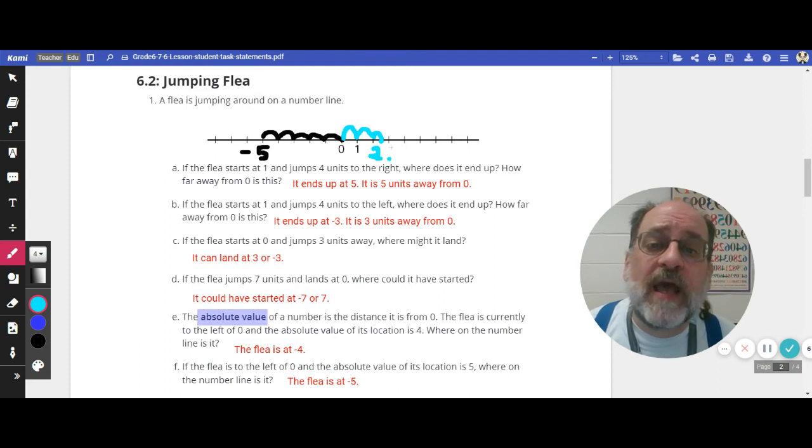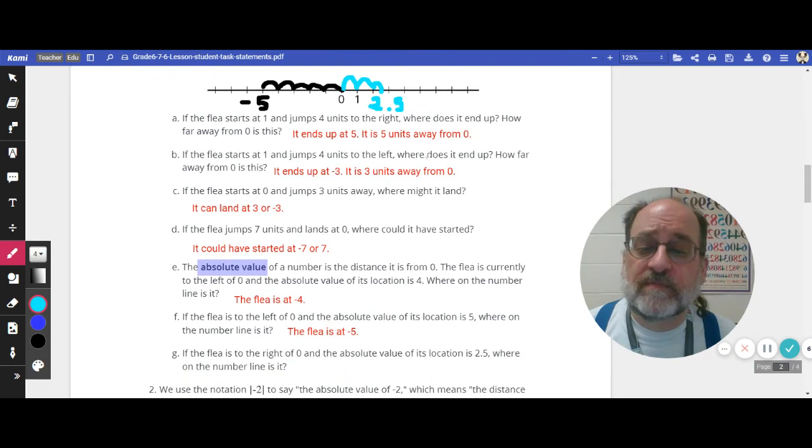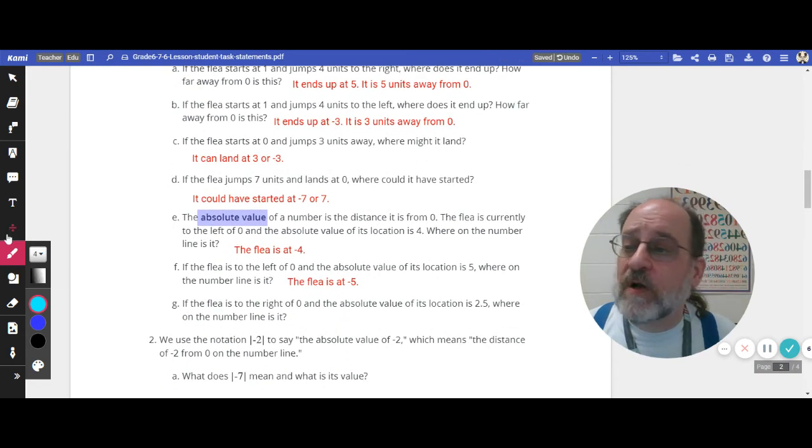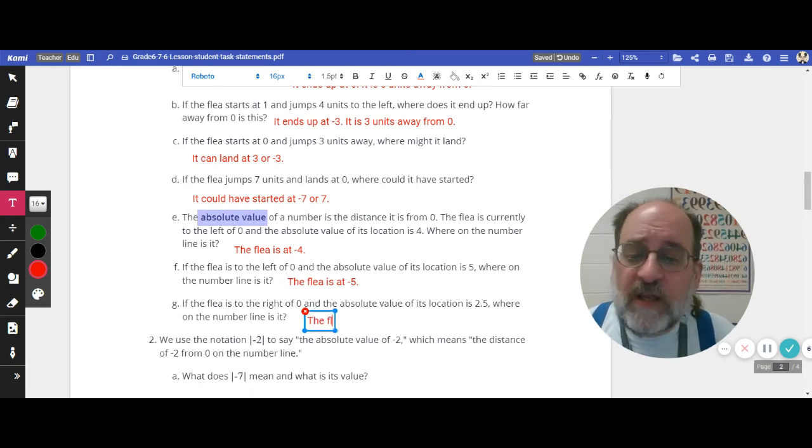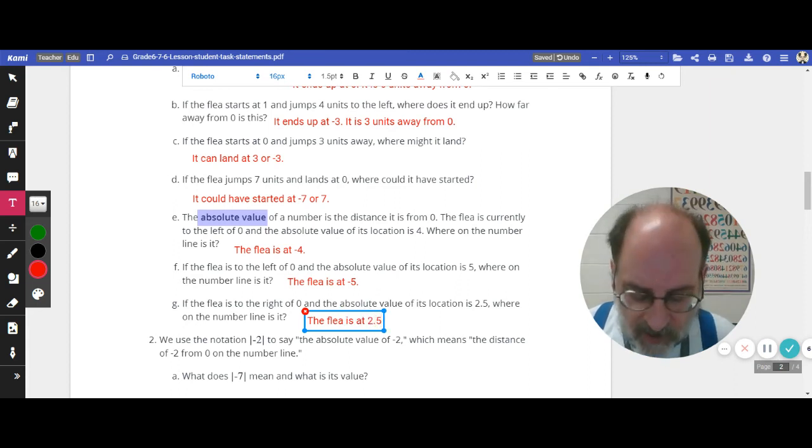Well, that would put me at 2 and 5/10. So what I'm going to say is, the flea is at 2 and 5/10.